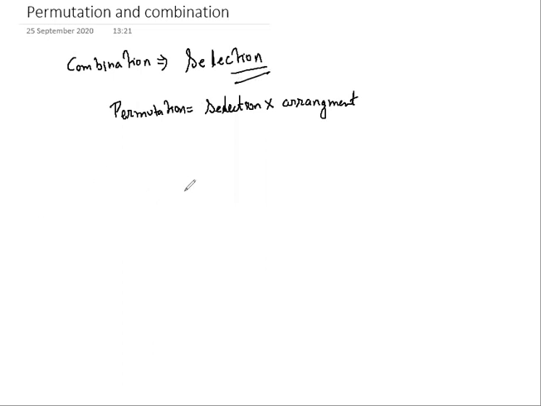Now, what do you think? What's the formula for combination? Tell me. Formula for permutation was n factorial divided by n minus r factorial. Permutation is equal to selection into arrangement.